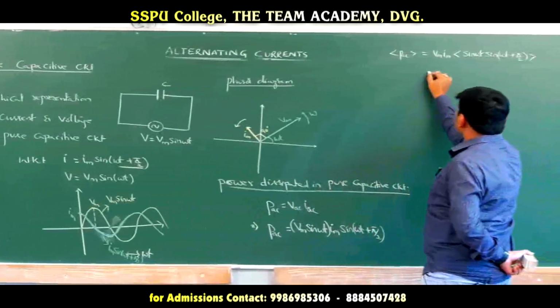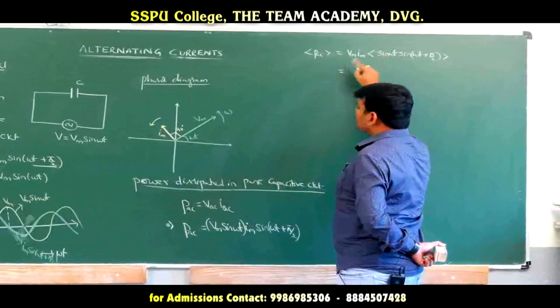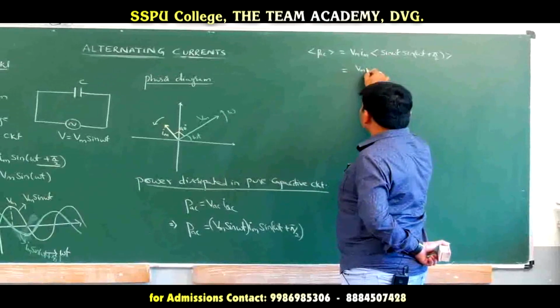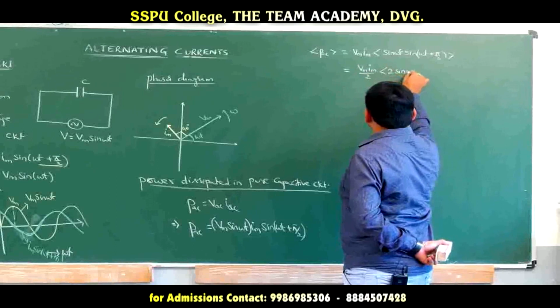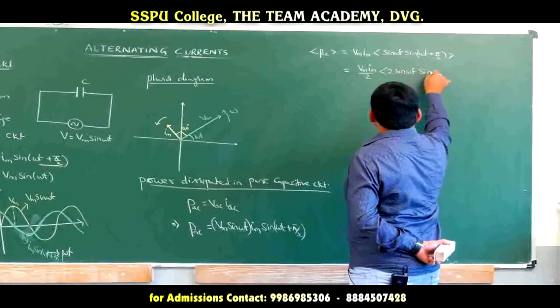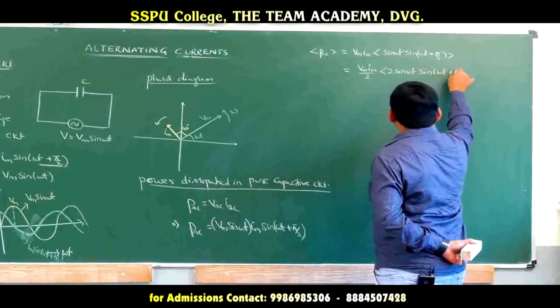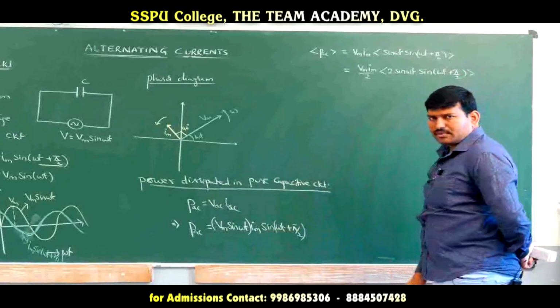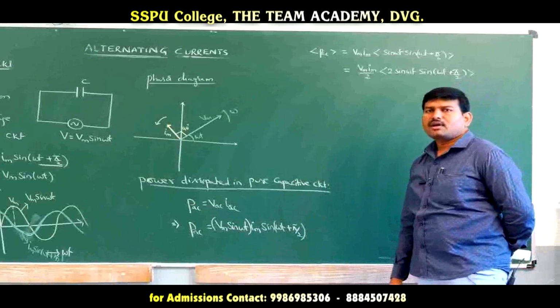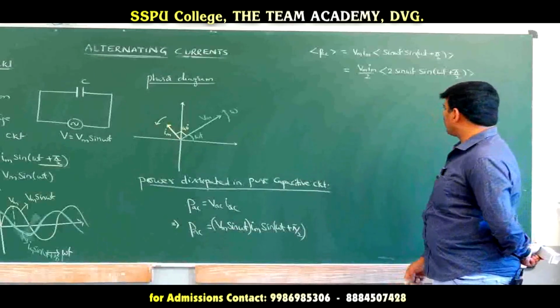Here we multiply by 2 and divide by 2. Then Vm Im by 2 into 2 sin omega t sin omega t plus pi by 2. This is of the form 2 sin A sin B, and 2 sin A sin B is nothing but cos A minus B minus cos A plus B.